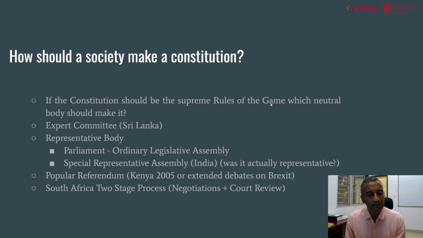So the key puzzle that we are confronted with when we ask how should a society make a constitution is that we understand that constitution making is supposed to sit above the fray of ordinary politics. If you want to make the supreme rules of the game, can you be a participant in the game?